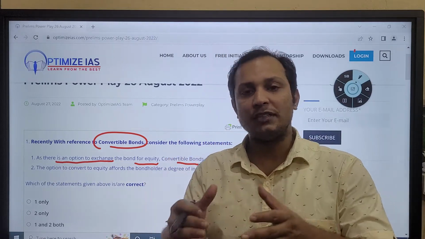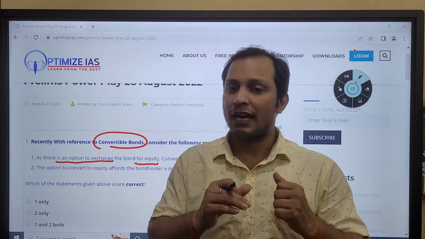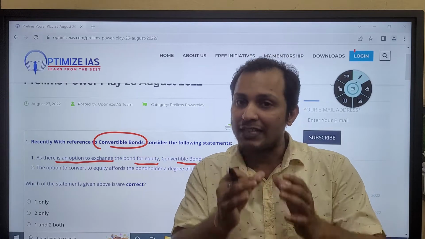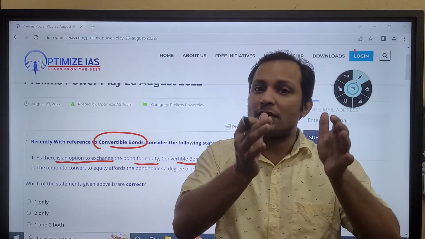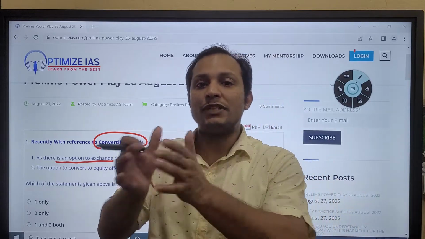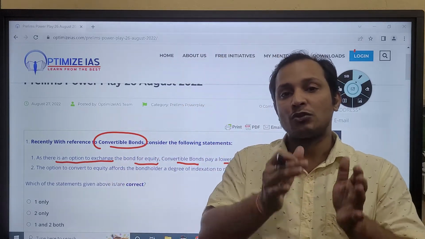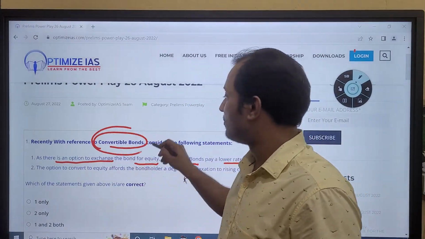These are fixed instruments, but there is a special category of bonds where you can convert some part of the bond to equities of that company. That is why they are called convertible bond.